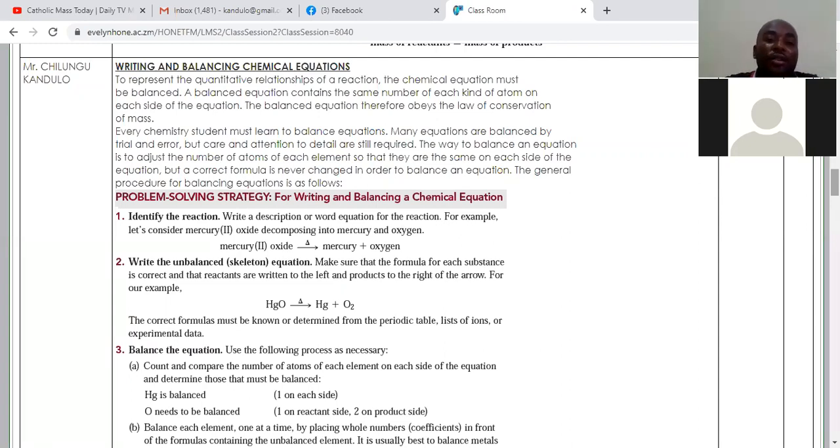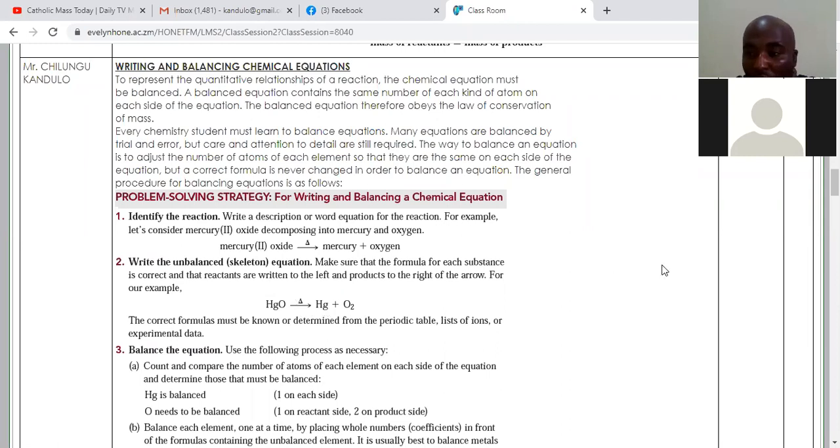So, writing and balancing equations, we'll balance them by inspection. Remember guys, balancing by inspection, even if someone doesn't teach you, you can actually know how to do it. Most of the time, we'll be given a word equation, then we'll isolate the formulas and the symbols from that word equation, then write the unbalanced equation.